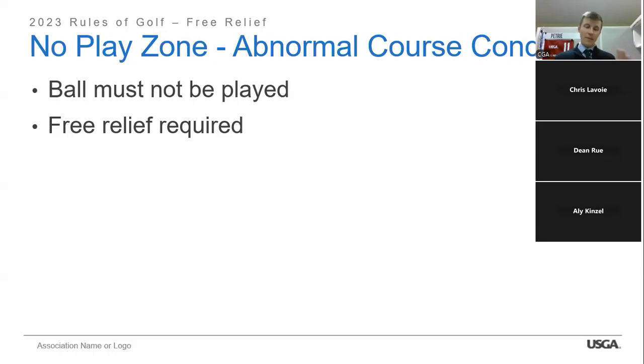Courses can implement a do not enter policy, but in the rules of golf, it's simply we can't play our ball from there. If we do, we're going to get a penalty for a wrong place, and that's a two-stroke penalty. So the course will make it very obvious when it's a no-play zone, but it's important we understand what they are, and it's important we're not playing from there.